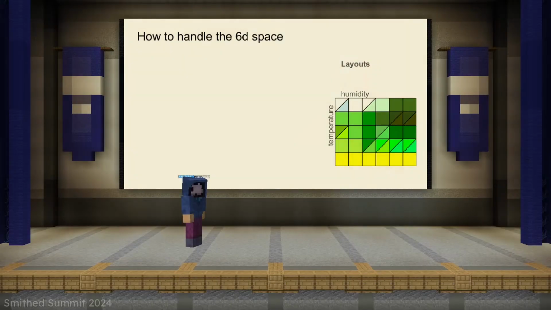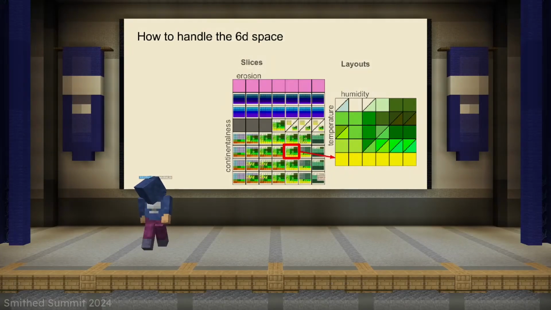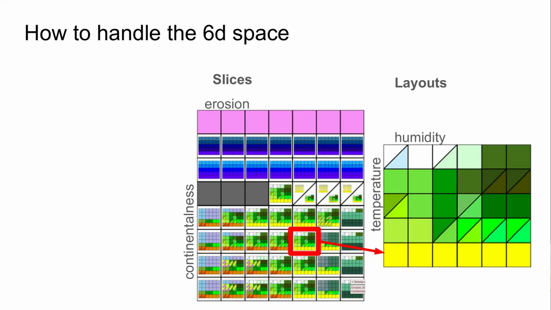So now we've dealt with 2 dimensions. Let's deal with the next 2, erosion and continentalness. And so that's another grid. We call those slices. So slices are erosion and continentalness. And for each combination of those, we define either which biome to place or which of those humidity and temperature grids to place.